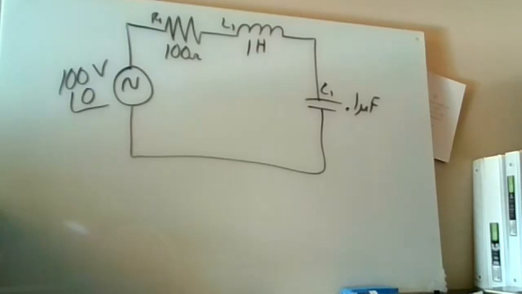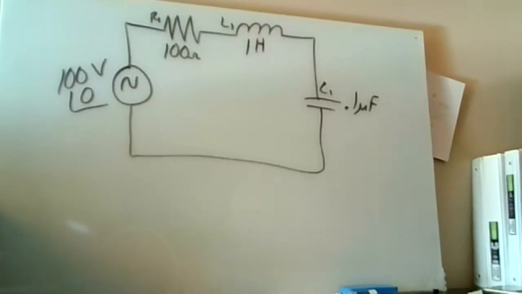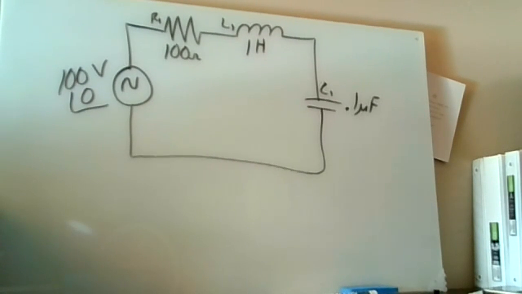So what type of voltage did I give you? What form did I give it to you in? Remember, we got 2 forms. I can give you sinusoidal form or what other form?